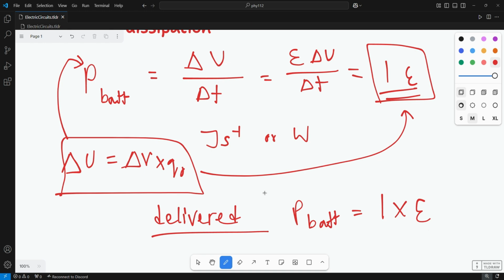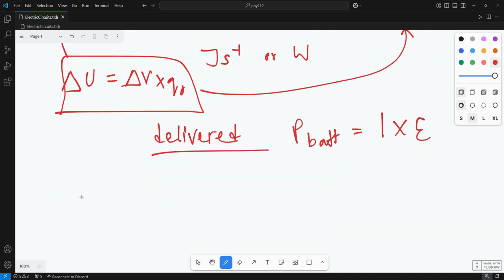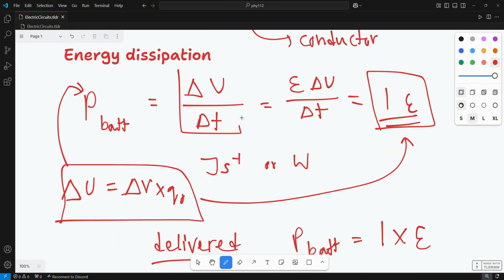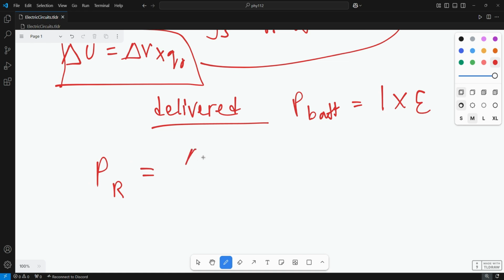And the power which is dissipated, we can write as P of R due to the resistance. We can use the same path. We can write it as delta U by delta T. We can write delta U as delta V R times Q divided by time.